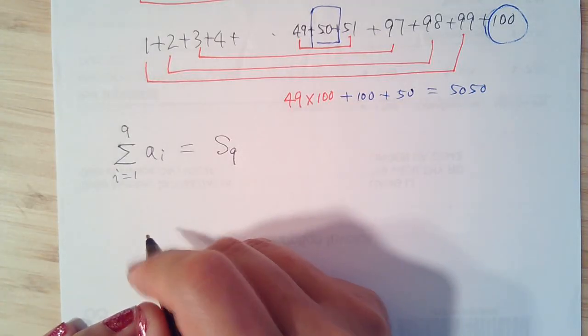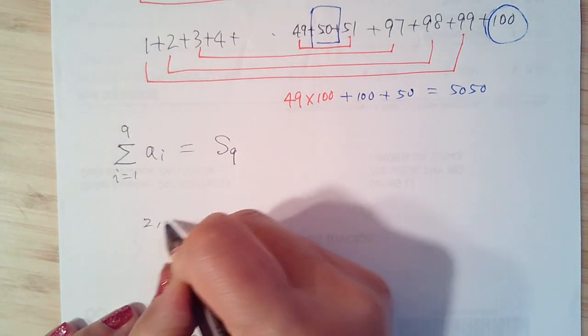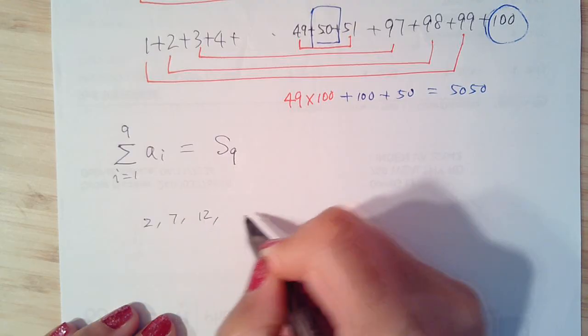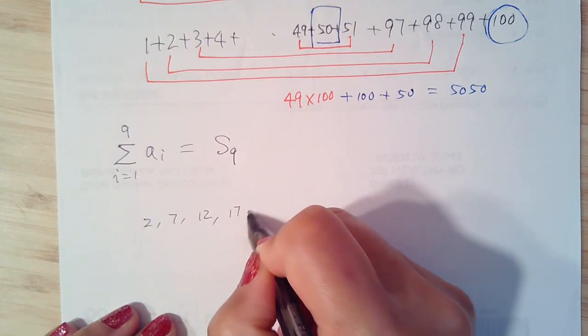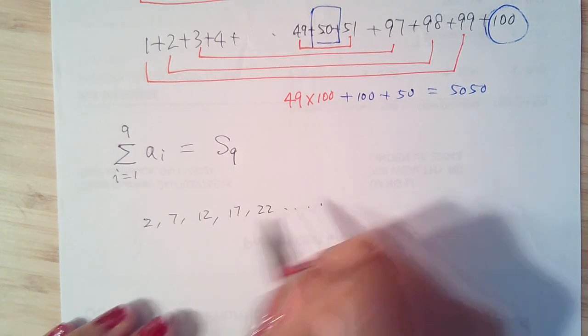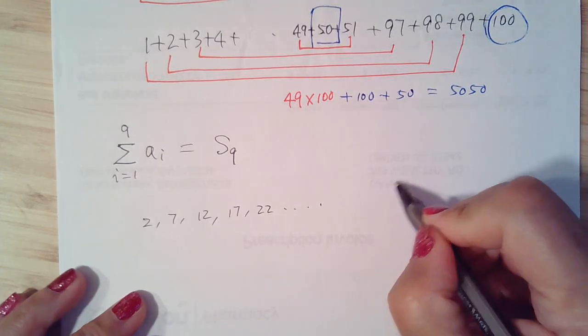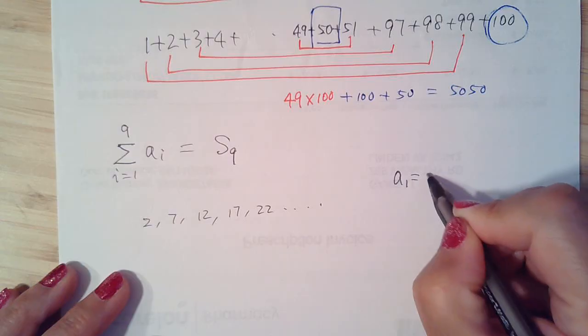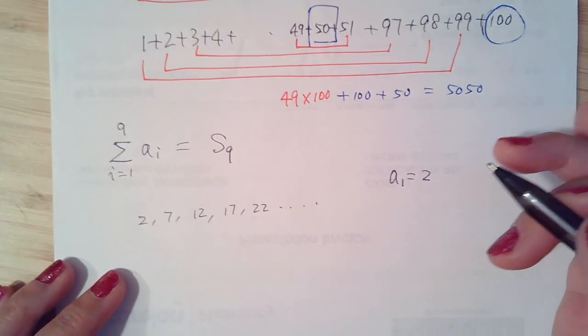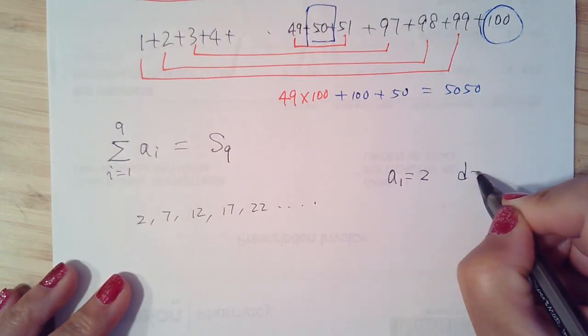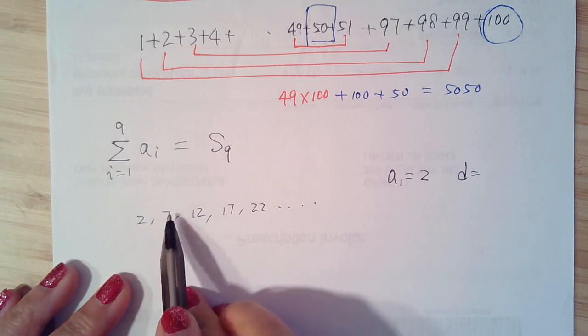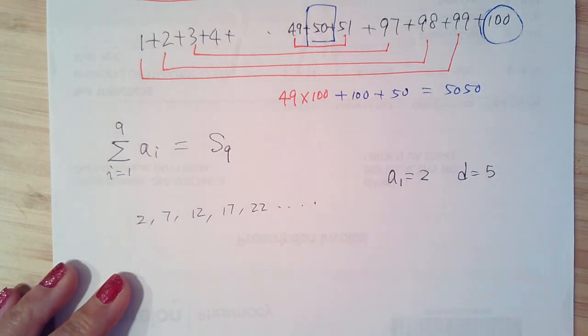What I'm giving you is this: 2, 7, 12. If I give you more, it's going to be 17, 22, and so on. This is an arithmetic sequence. So what do you know? A1 equals 2. And do you know D? Going from here to here, you add 5. So D is 5, right?